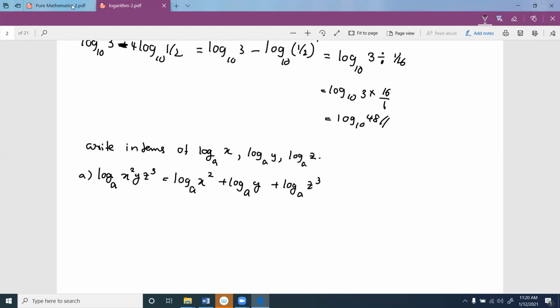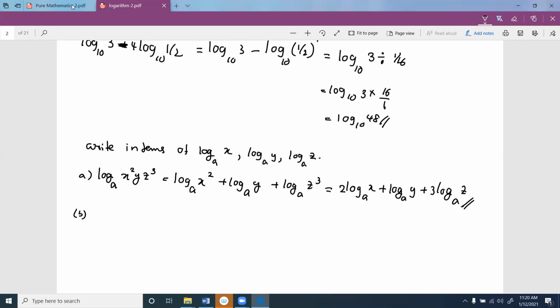Now you can bring these powers out and write the answer as 2 log a x plus log a y plus 3 times log a z. That's the answer for that. That's a way of getting this, right?